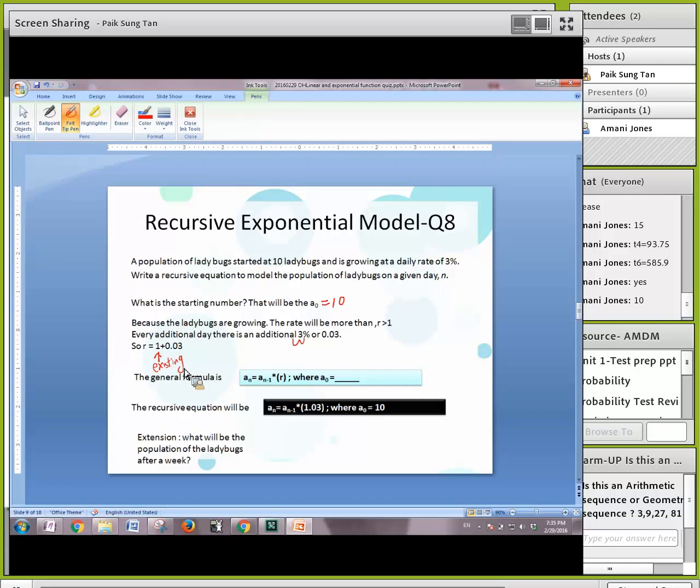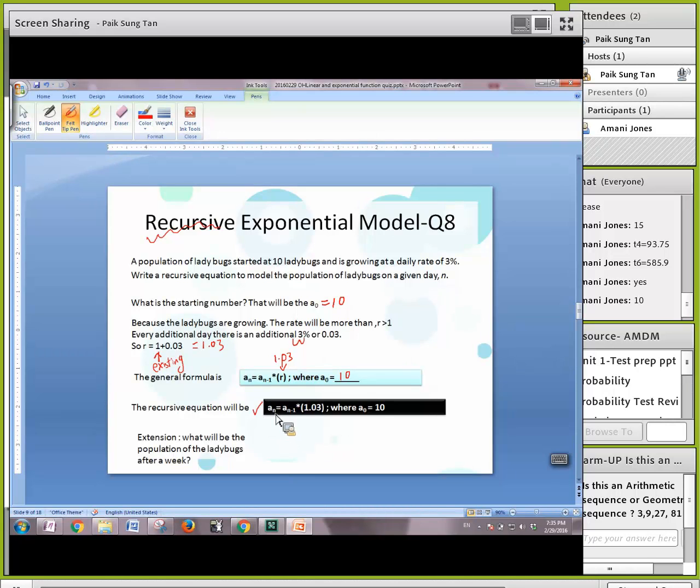So every day you're adding 3% based on whatever existing ladybugs you have. So the general formula for exponential growth, recursive form, to get to the next term, you multiply by the rate. We figured out the rate is 1.03 because 1 plus 0.03 is 1.03, and a sub 0 is 10.